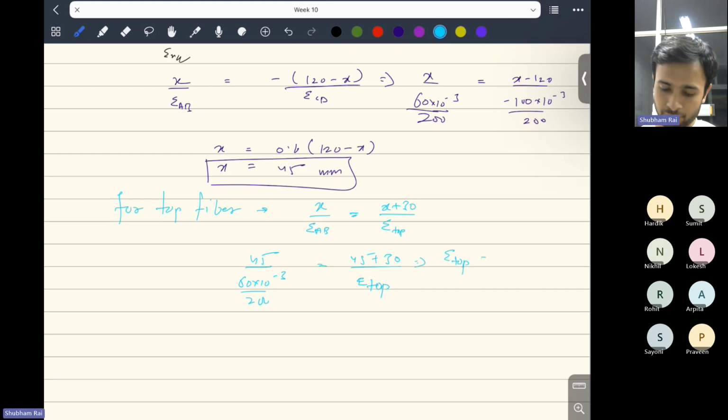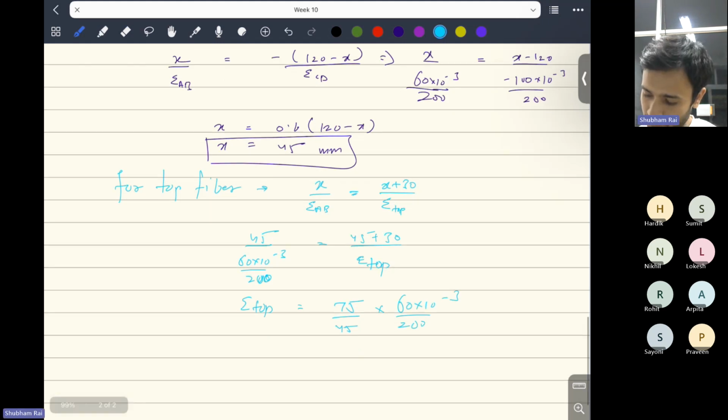So the value of epsilon top that you will get will be 5 into 10 to the minus 4. We can calculate it also if you want me to calculate. So let's do that. So epsilon top finally will be 75 divided by 45, and this 16 into 10 to the minus 3 will come here and 200 will come here.